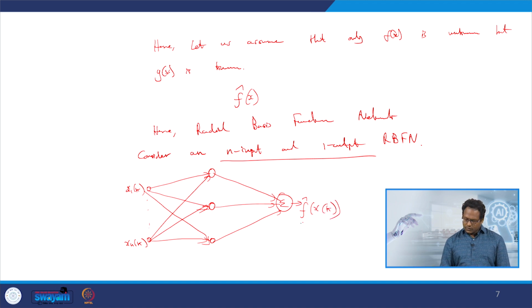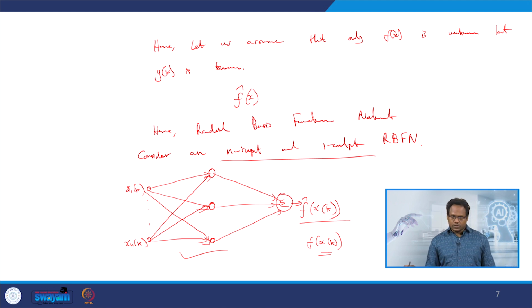The output is f hat of x of k, which is the approximation of the function f of x of k. So, by this neural network, we are approximating the unknown function f of x. Let us term this hidden layer by phi 1, phi 2 up to phi L.